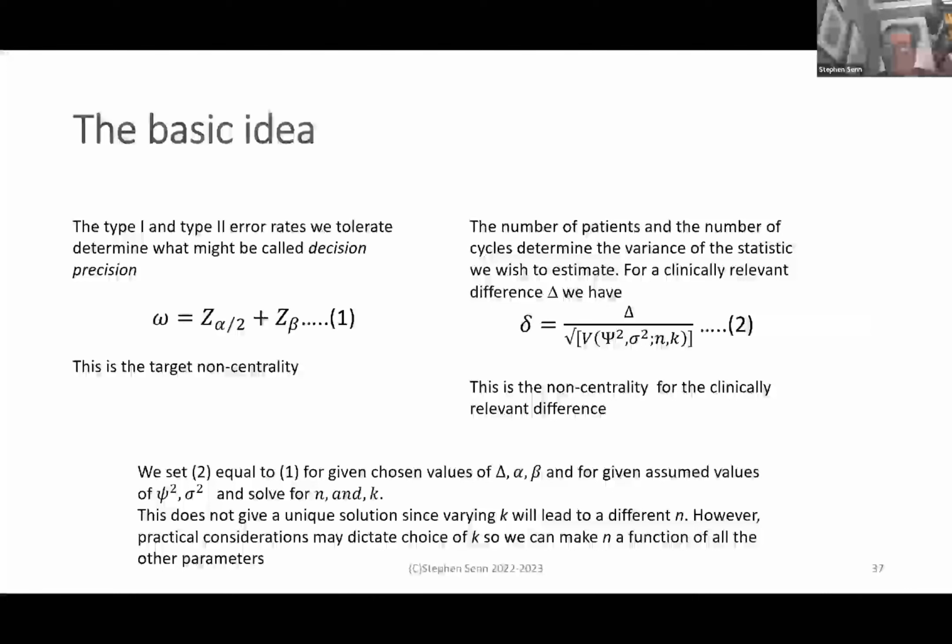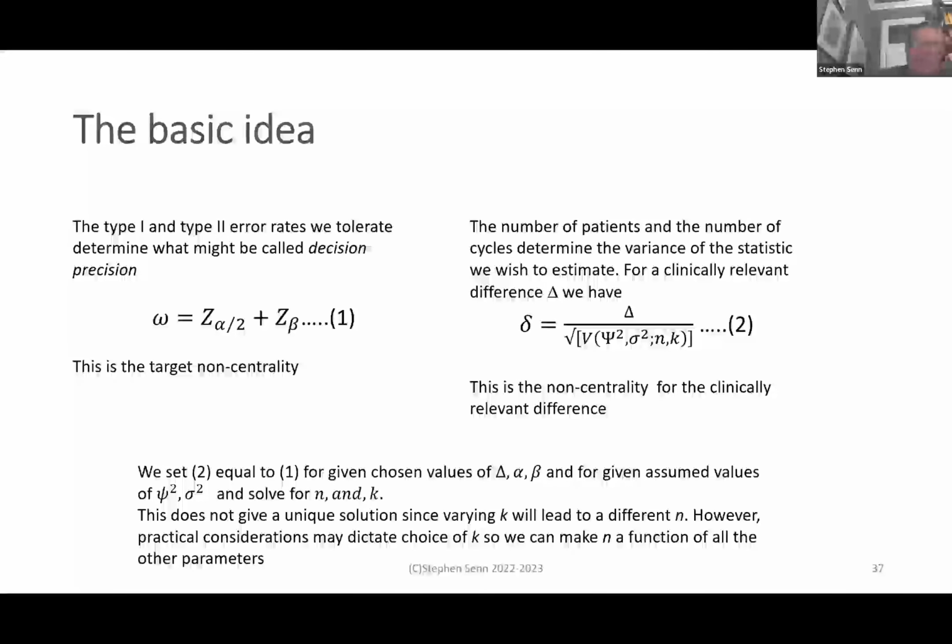The basic idea of sample size calculation, which I'm sure many of you are familiar with, is the following. The type 1 and type 2 error rates we tolerate determine what might be called decision precision. For example, when looking at continuously distributed outcomes and therefore employing the normal distribution, we might have something like omega equals Z alpha over 2 plus Z beta.